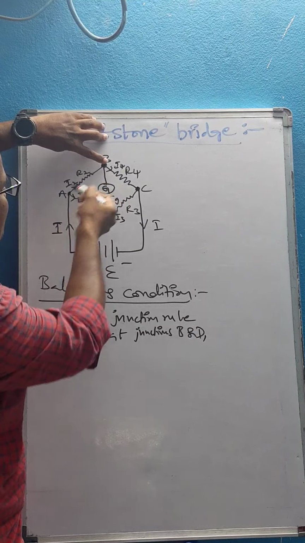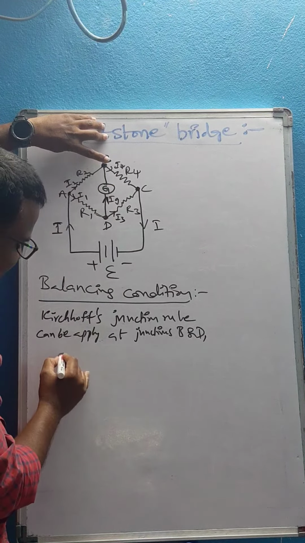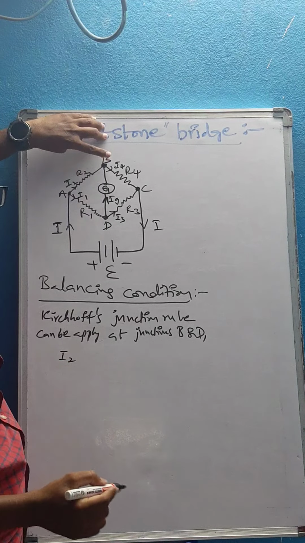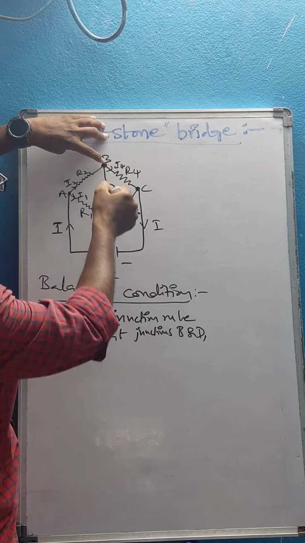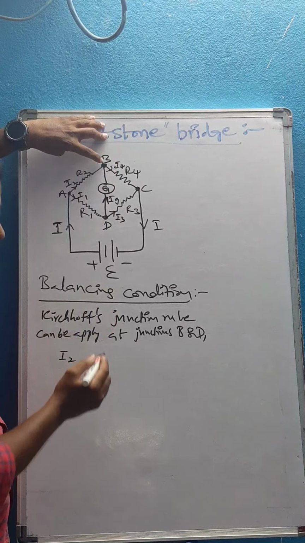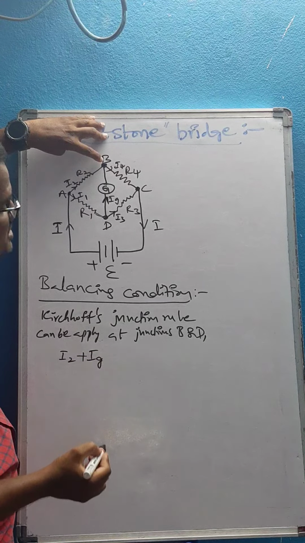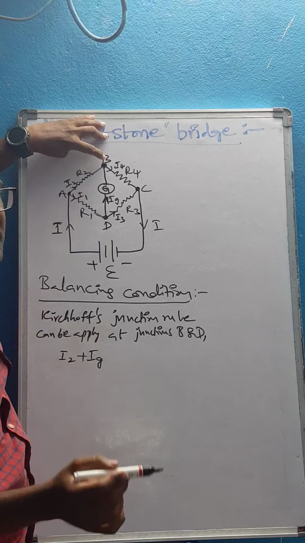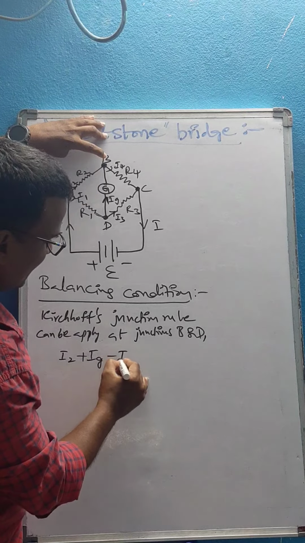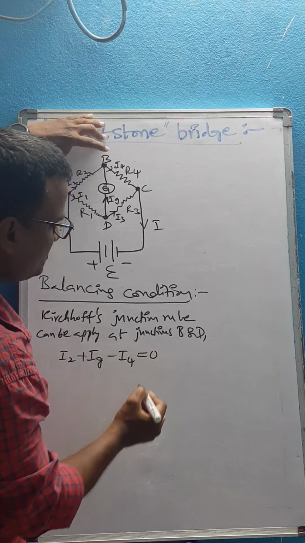The I2 current is entering the junction B, so I2 can be taken as positive, and Ig current is also entering the junction B. So Ig also can be taken as positive, but the I4 current is leaving from the junction B. So I4 can be taken as negative and the sum is equal to 0.